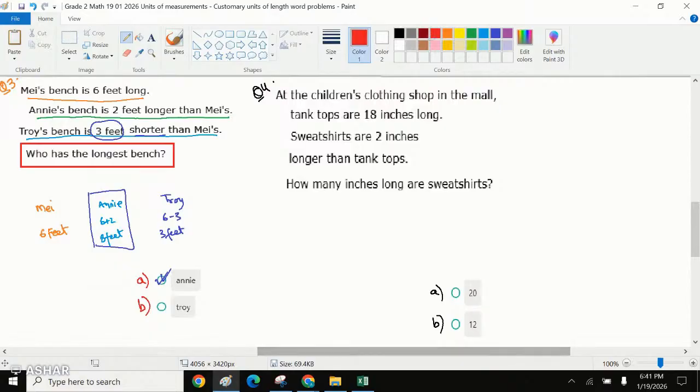See, they say the tank tops are 18 inches long, right? Sweatshirts are 2 inches longer than the tank tops. So sweatshirts that are 2 inches longer, that becomes 20 inches.